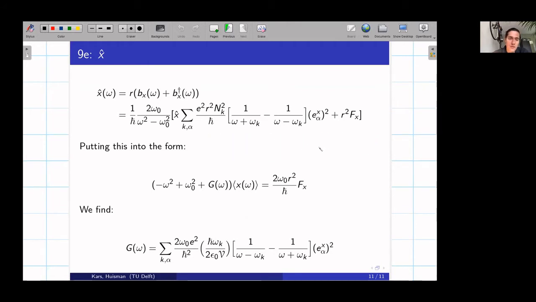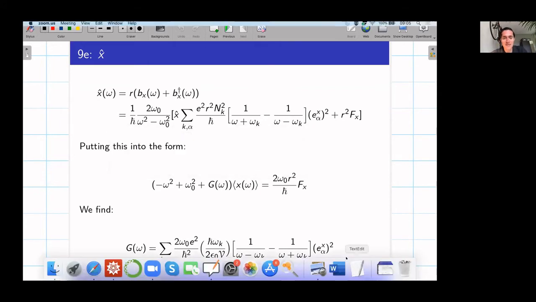If you want to, you can rewrite it into this form and take the expectation value, and you'll find that this G(omega) is the thing defined here. It's a lot of algebra, the last one, but this is how you do it. And that was homework 9. If you have any questions, I'll be happy to answer them.